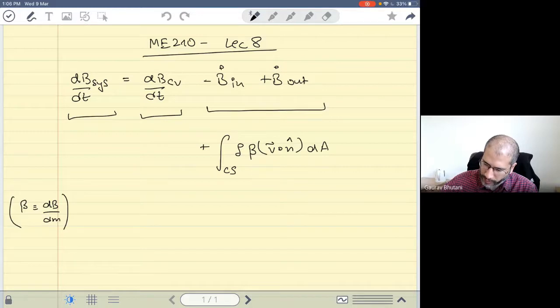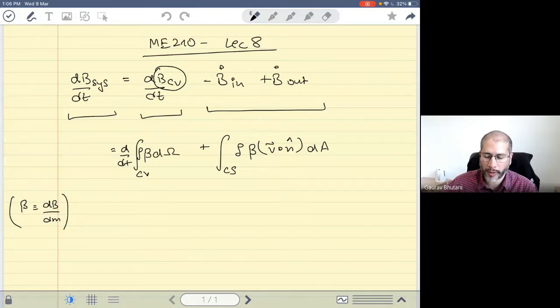And what we can also do is, remember this B control volume is the amount of B inside a control volume. So we can also write this B inside the control volume as an integral over the control volume. Then we can write beta times rho d omega.